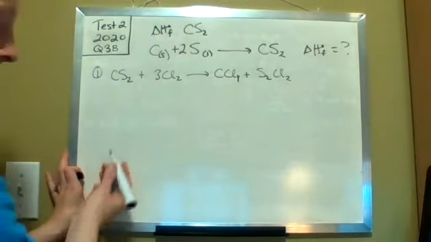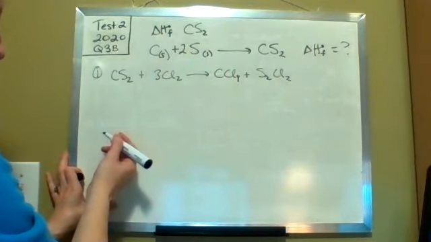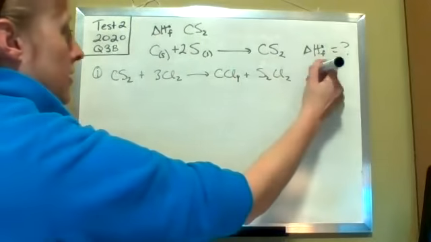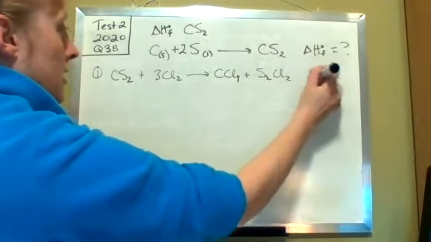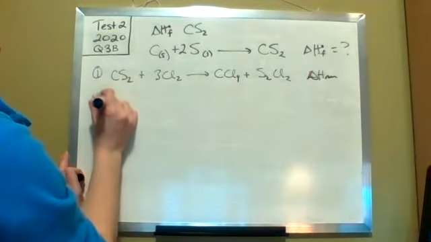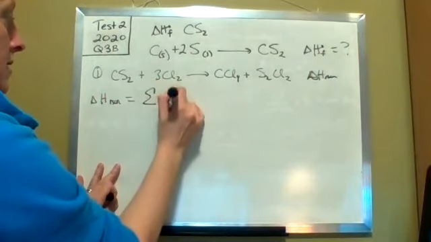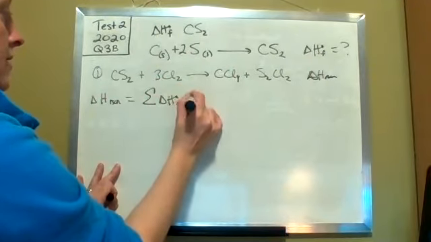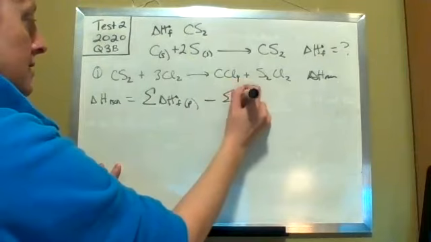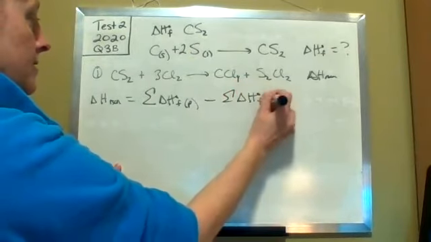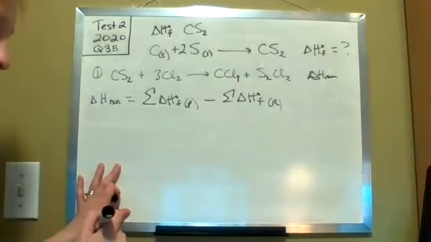Now, in this case, you have delta H for that reaction, right? Remember how you get delta H of a reaction? Delta H is the sum of delta H naught F of all the products minus the sum of delta H naught F of the reactants.